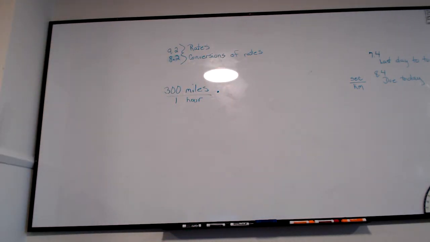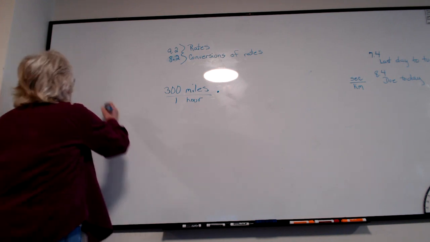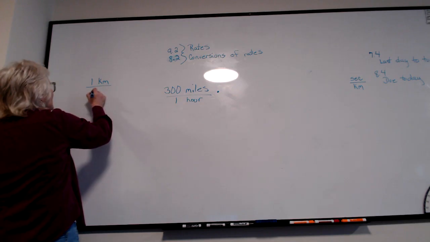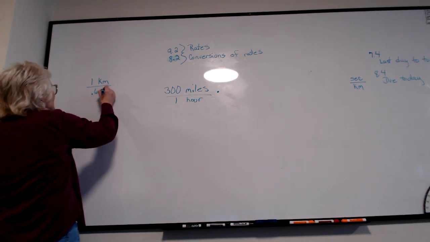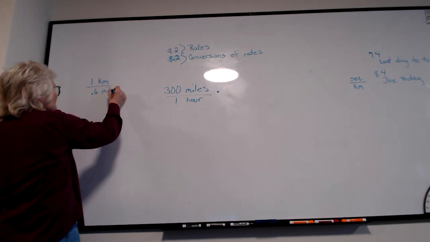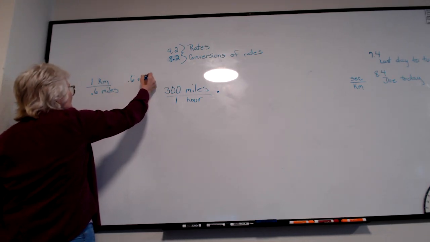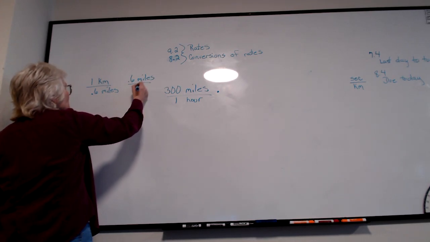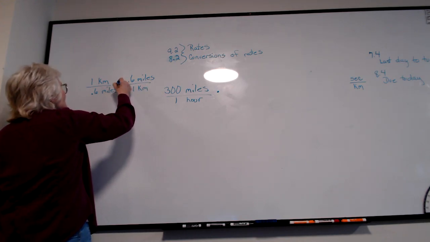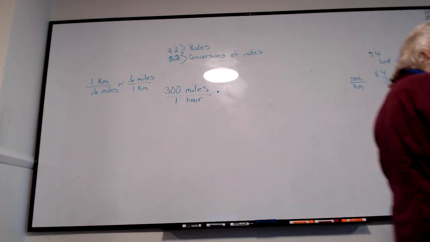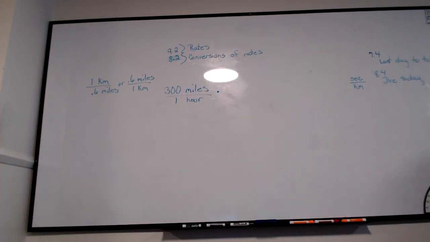I'm going to tell you that 1 kilometer is the same as 0.6 miles approximately, or 0.6 miles is the same as 1 kilometer. It doesn't matter which way you write it. It depends on what you're trying to do.